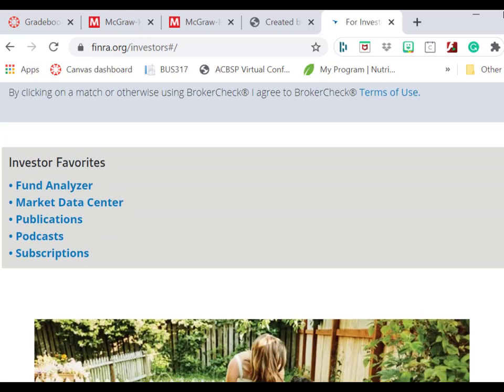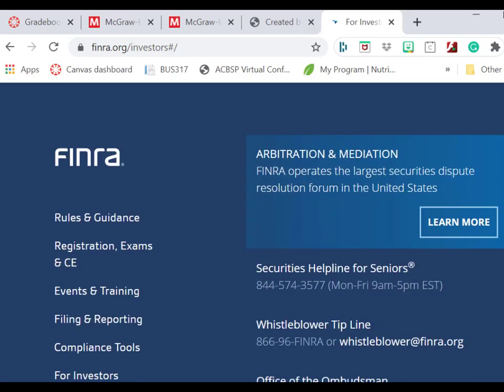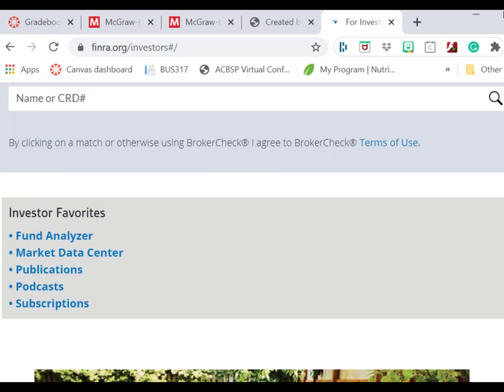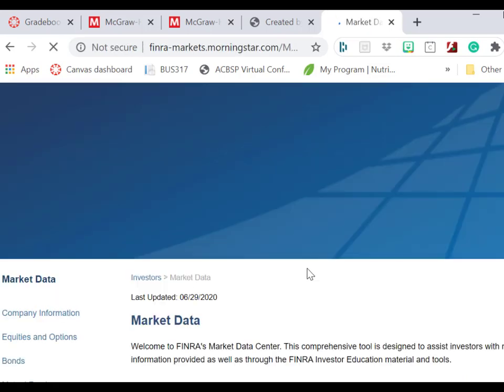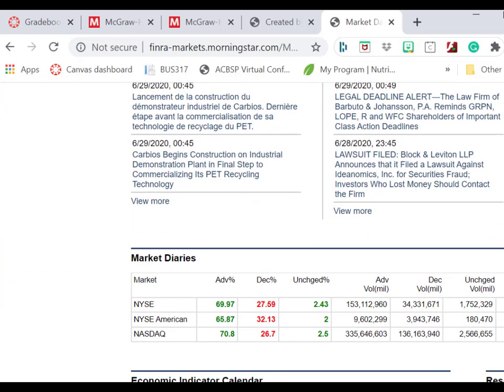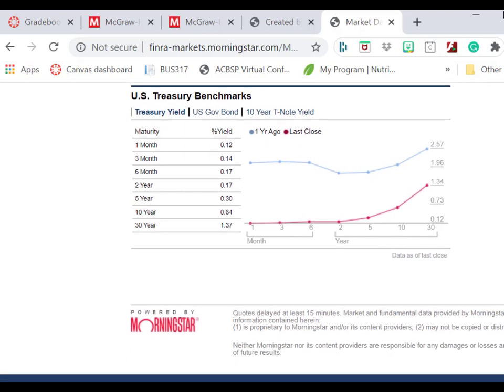Again, I agree, it's not always the easiest place to find information. You can see there is an awful lot of information here. This is the self-regulating site. So we want to go to the Market Data Center. Here's market data. Sometimes if we just scroll down, we can find what we're looking for, which is right here.